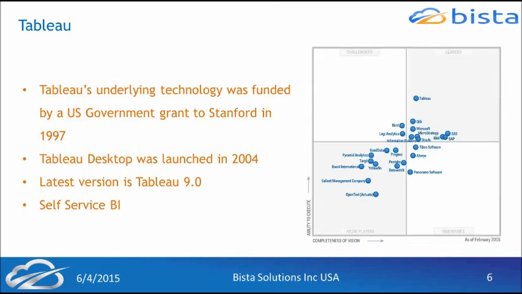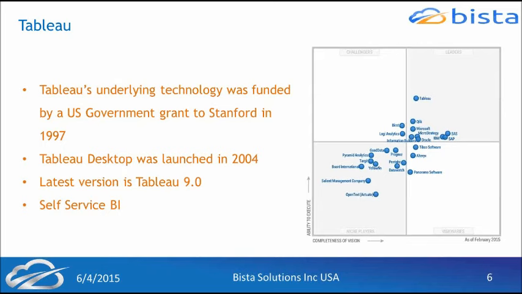So in Tableau, they have different versions. Tableau Desktop is used to create and develop visualizations on the local machine, and then you have Tableau Server, where you can publish those developed reports or visualizations. Based on the number of users in your organization, you can access those views that are shared with you.